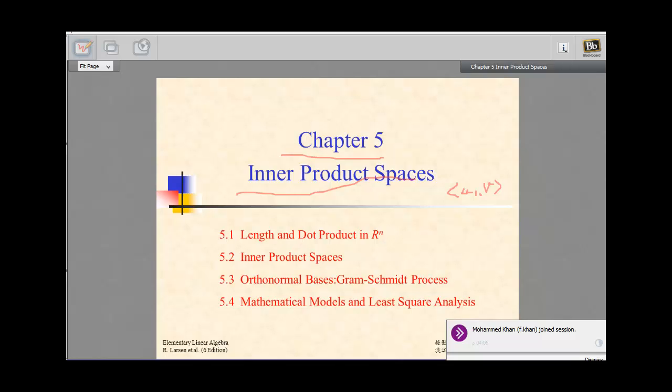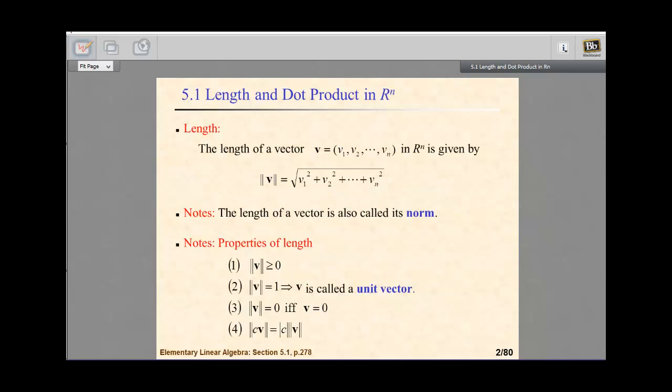Today this is the inner product space. It is denoted by this type of curly braces that I write, and it can be represented this way.